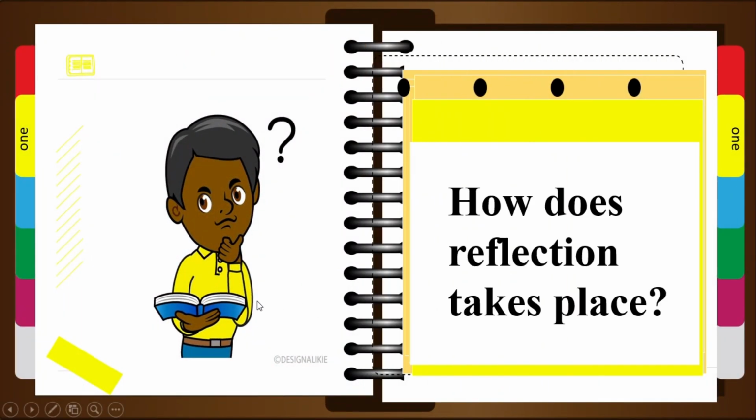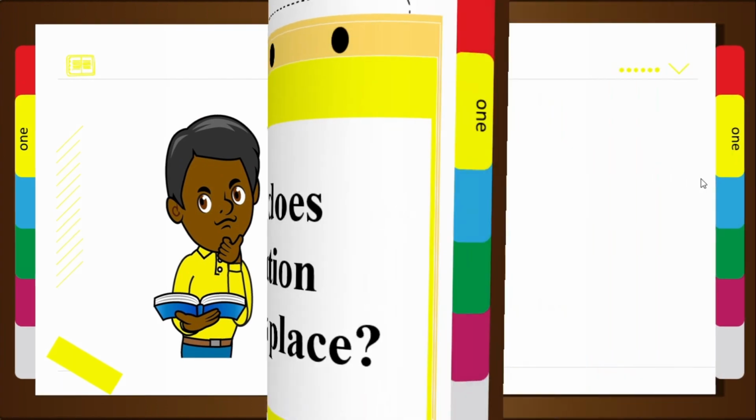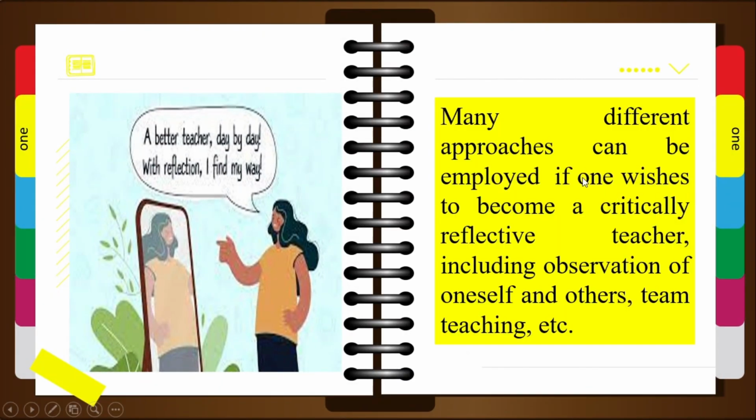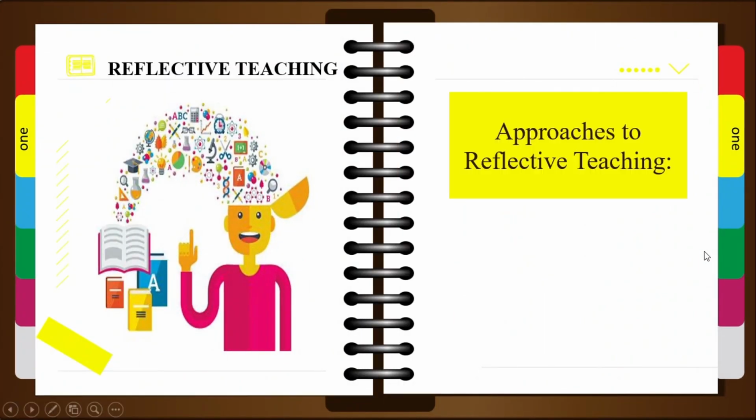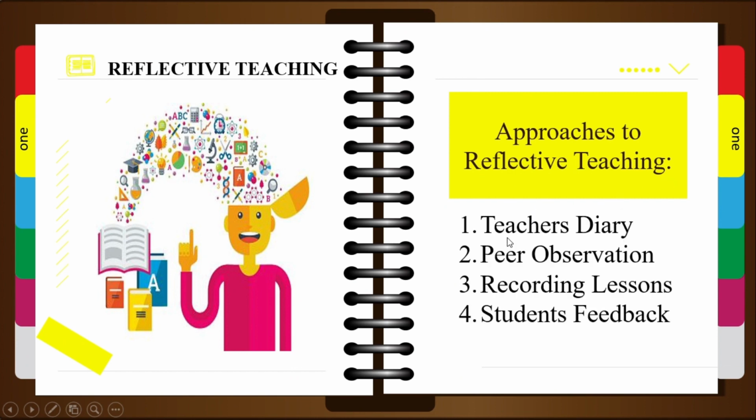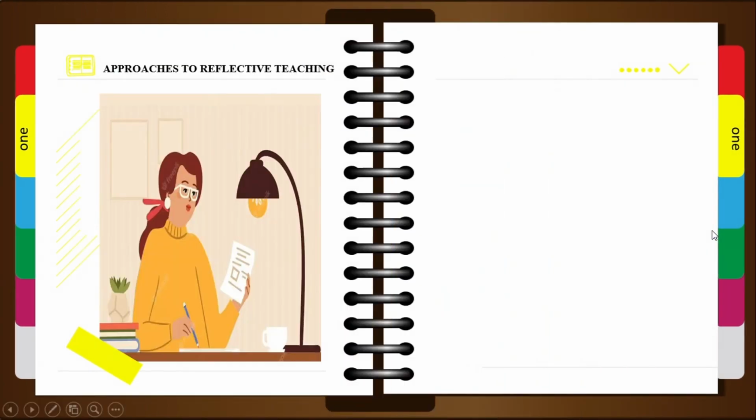So how does reflection take place? Many different approaches can be employed if one wishes to become a critically reflective teacher, including observation of oneself and others, team teaching, etc. Here are some of the approaches to reflective teaching: teacher's diary, peer observation, recording lessons, and students' feedback.